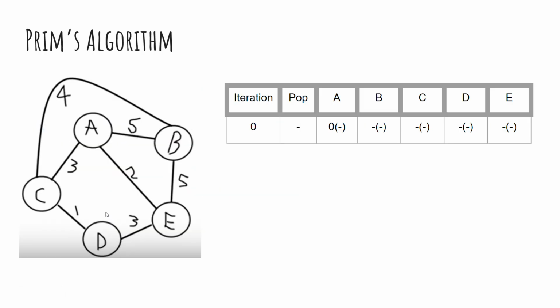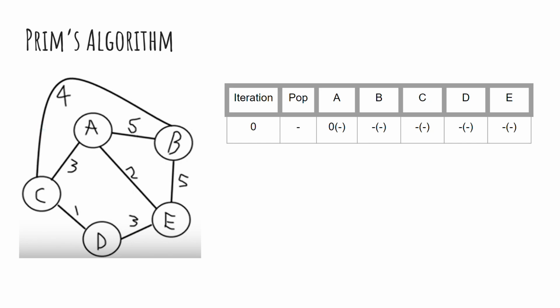Okay, so let us look at an example of Prim's algorithm. So for example, if we have a graph like this which has 5 vertices A, B, C, D and E, and multiple edges, then in order to use Prim's algorithm, we'll just consider that our starting node is A, but you could also start with any other vertex, and you should get a minimum spanning tree which has the same cost.